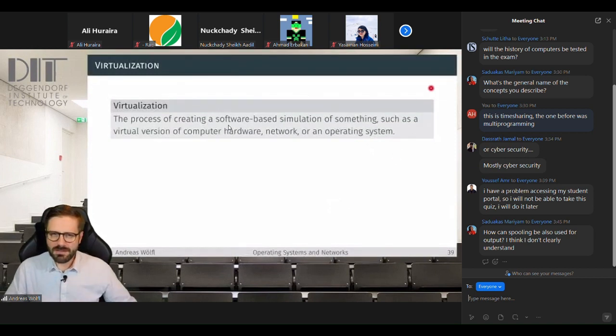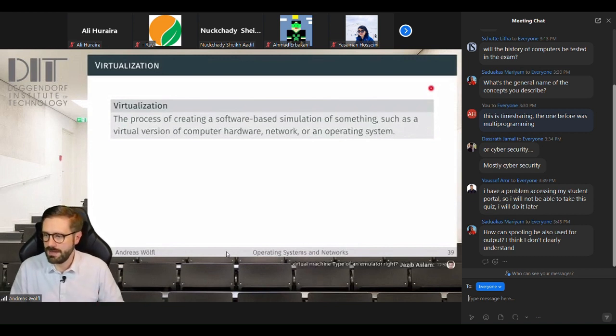So maybe some of you heard the term virtual machine already, and we will use a virtual machine throughout the course. The basic concept behind this is called virtualization. And virtualization is the process of creating a software-based simulation of something. You can virtualize a lot of things. You can virtualize networks. You can virtualize CPUs.